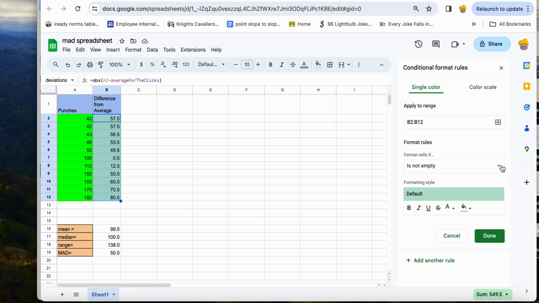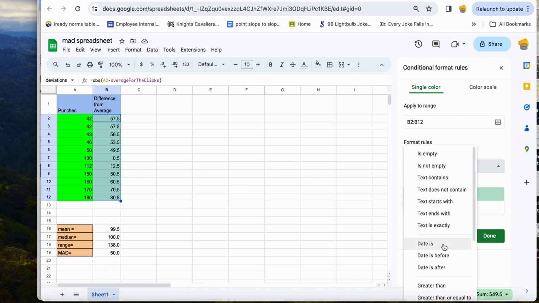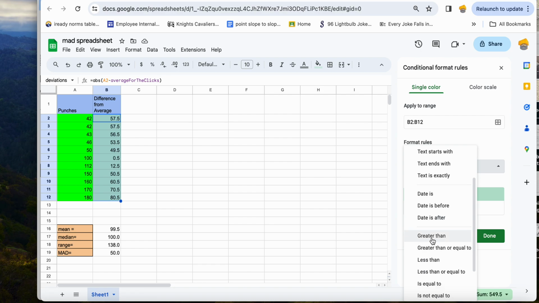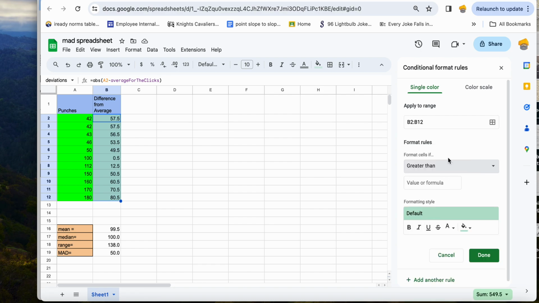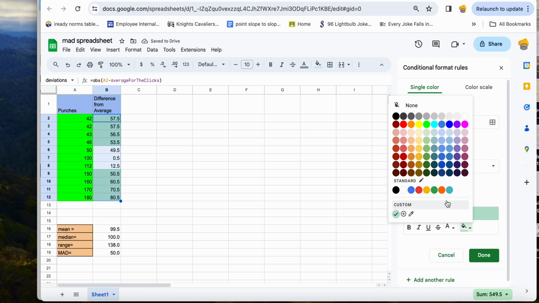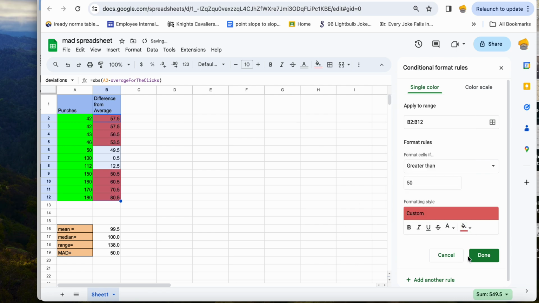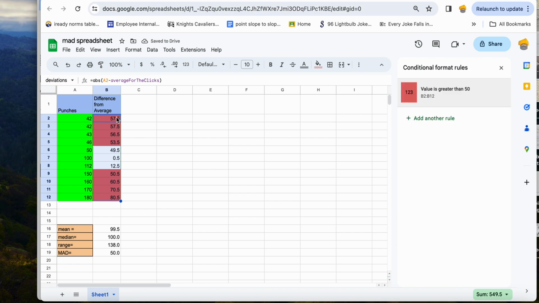We say if the data is greater than, let's say, 50, so it's really far away, then let's color it red. Okay, so we'll color those red. Right? So we just did some conditional formatting.